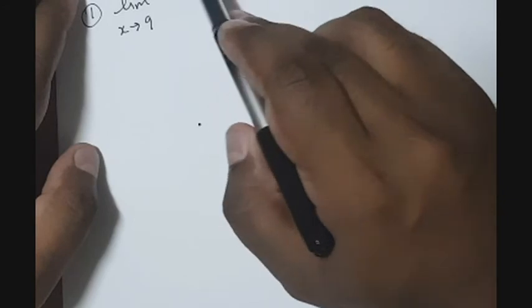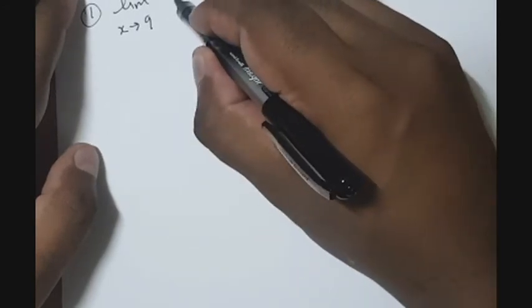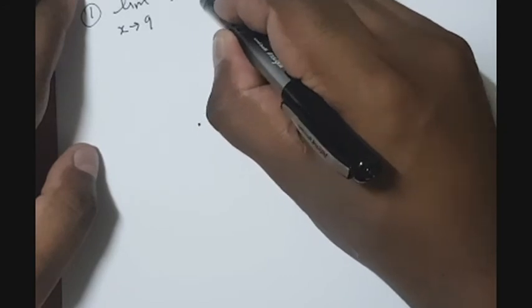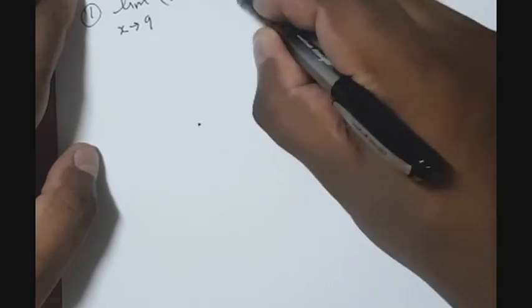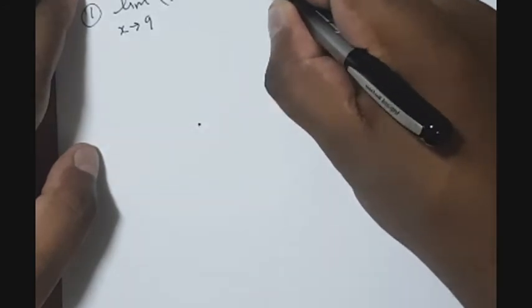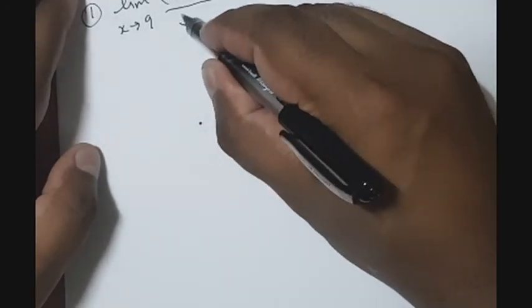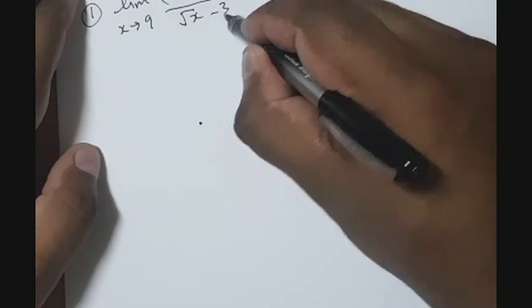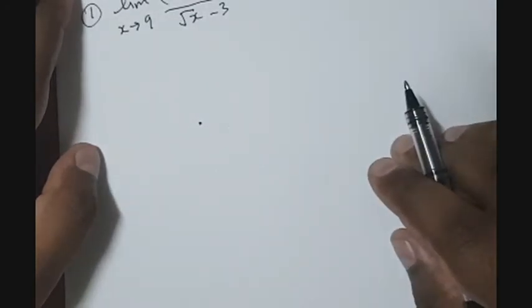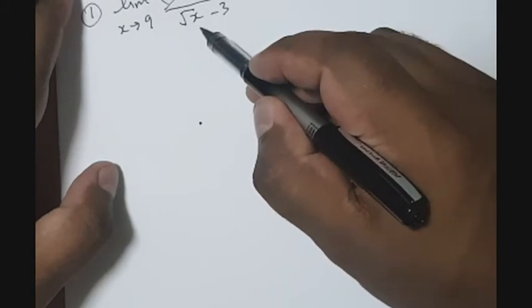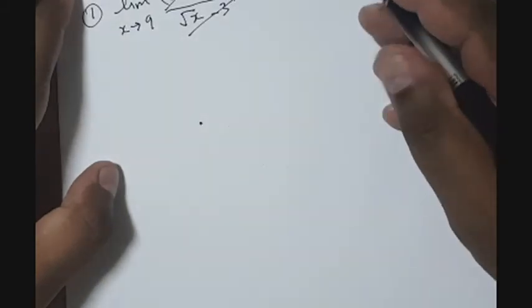So our numerator is factorized into (√x − 3)(√x + 3), over √x − 3. From here it's clear that we can cancel out. √x − 3 cancels out with √x − 3.